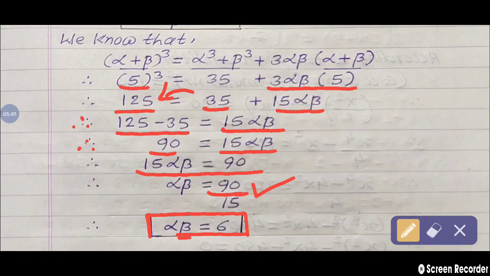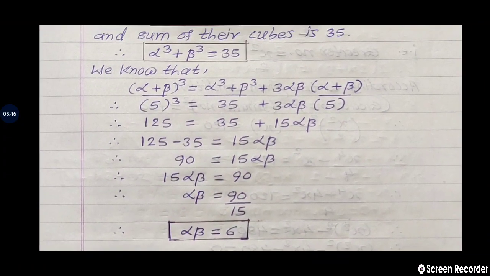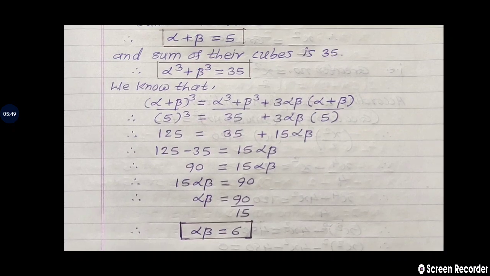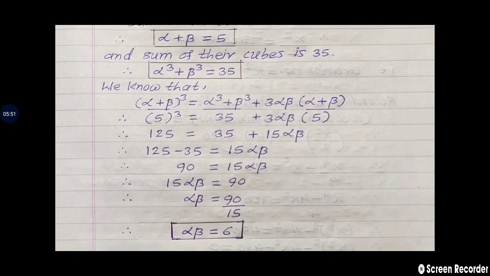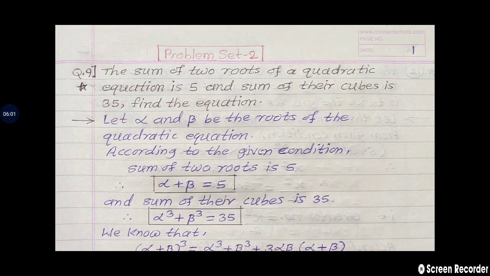The value of alpha beta is also called the product of the roots. The sum of the roots, alpha plus beta, is already given as 5, and we have found the product of the roots, that is alpha beta is equal to 6. We know these two values. After that, in the question what is given?